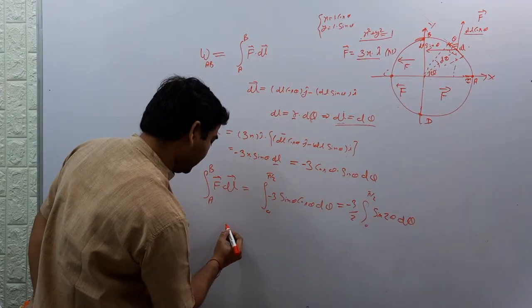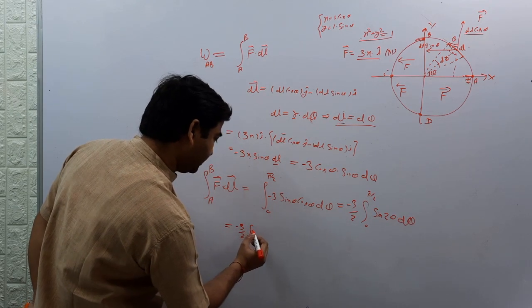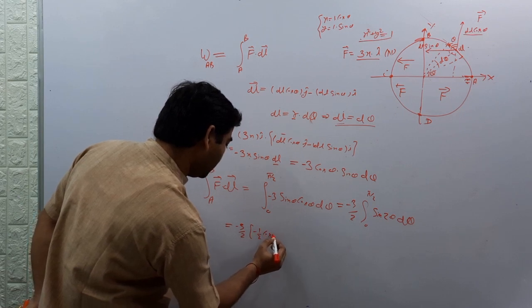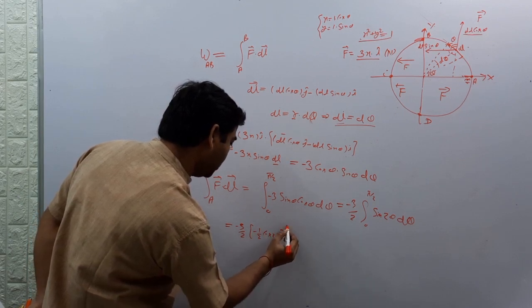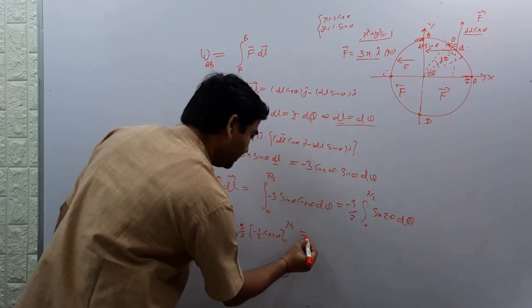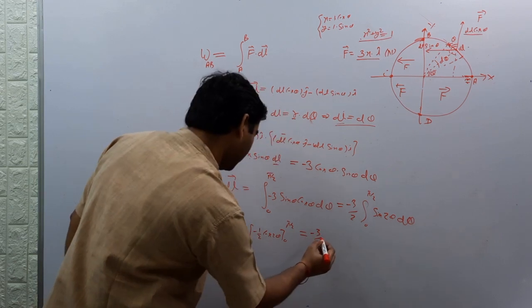So it can be written as minus 3 by 2, minus half cos 2 theta from 0 to pi by 2, and this can be written as minus 3 by 2.